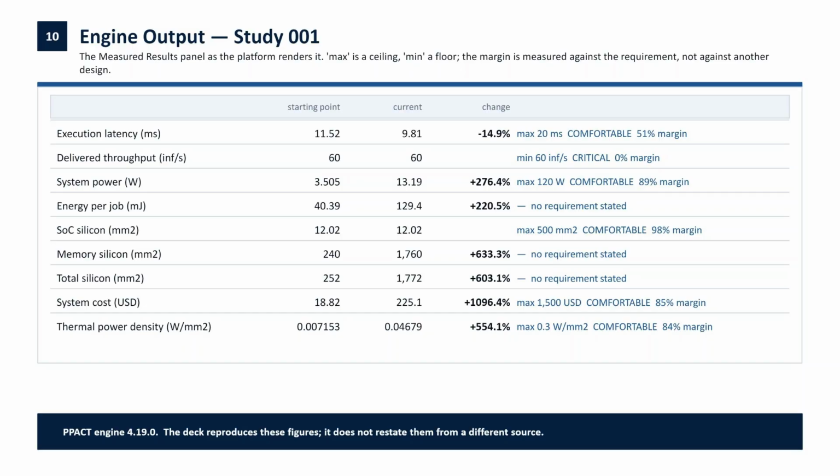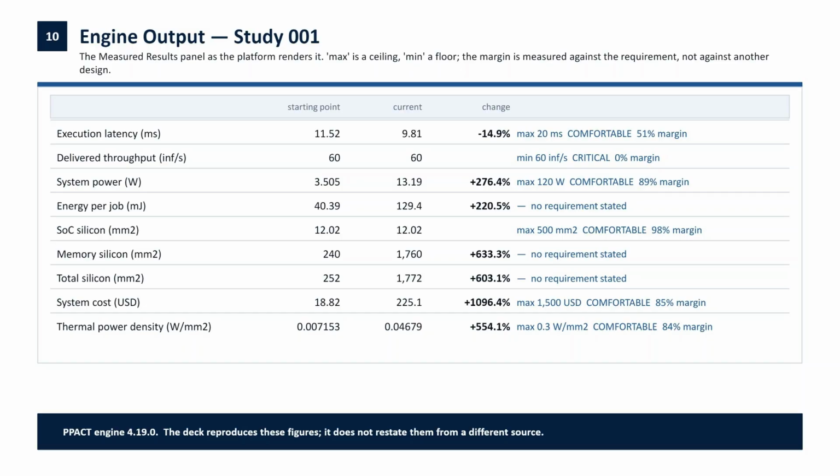Energy per job increases by approximately 220.5%. Silicon does not change, but memory silicon increases from 240 to 1,760 square millimeters. As a result, total silicon increases from 252 to 1,772 square millimeters.